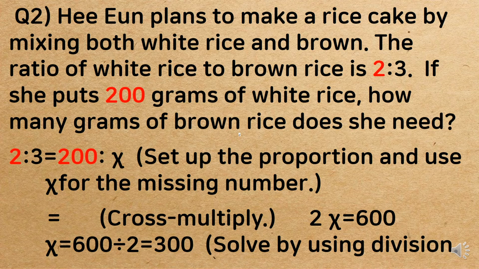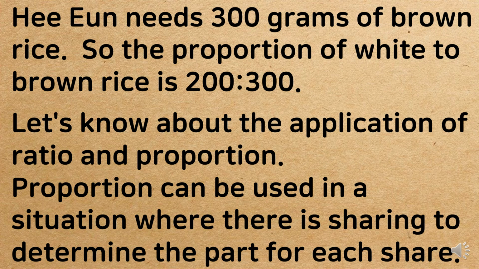Set up the proportion and use x for the missing number. 2 over 3 equals 200 out of x. Cross multiply like this. Then 2x equals 600. x equals 600 divided by 2 equals 300. Solve by using division. She needs 300 grams of brown rice.